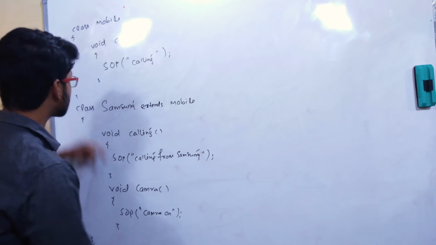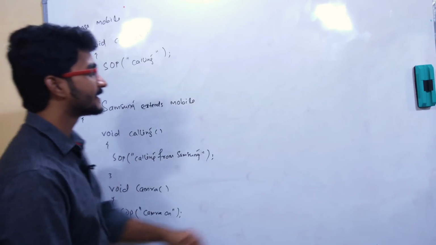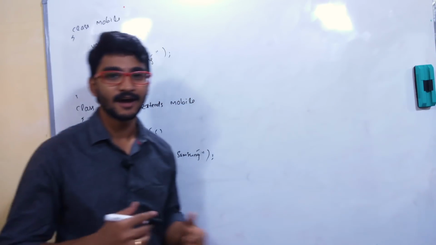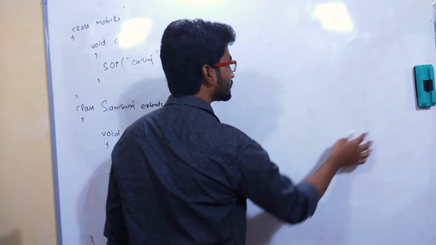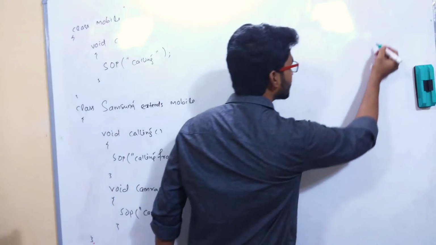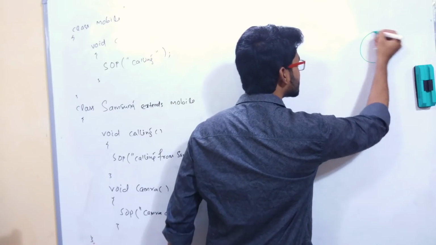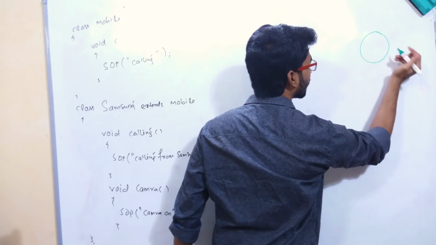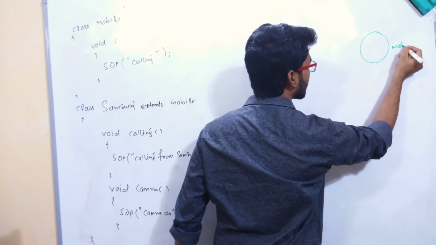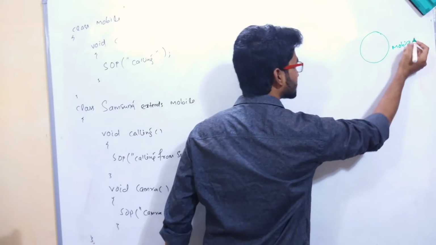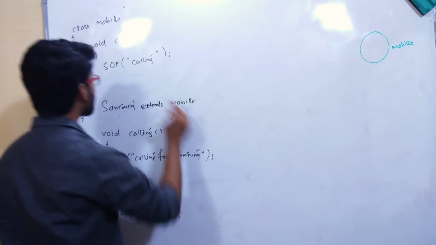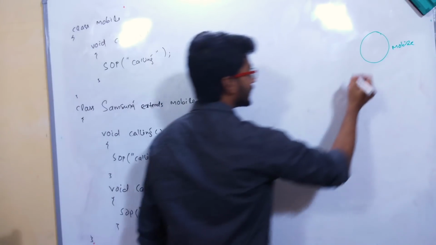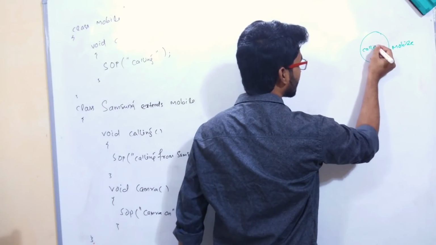Now let me represent this entire thing diagrammatically, so that we can see it better. Let me draw some diagrams here. This is my Mobile class; just think of it as a class or object. Inside this Mobile I have a function, calling.